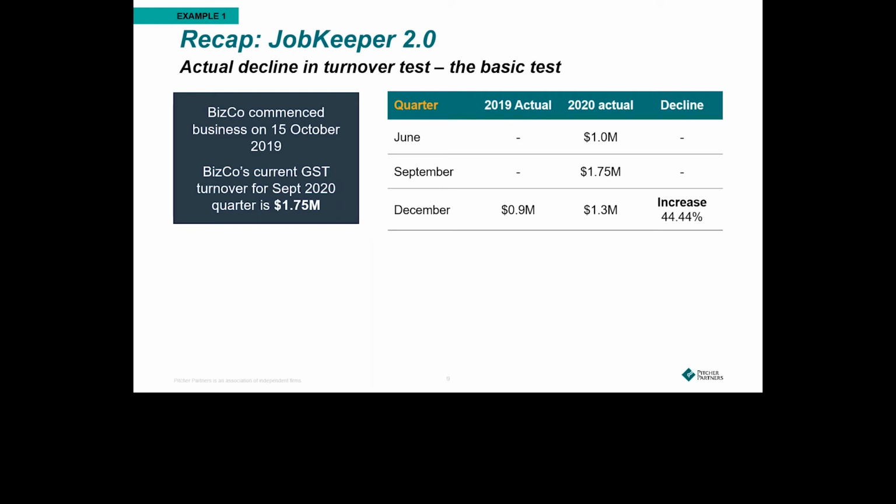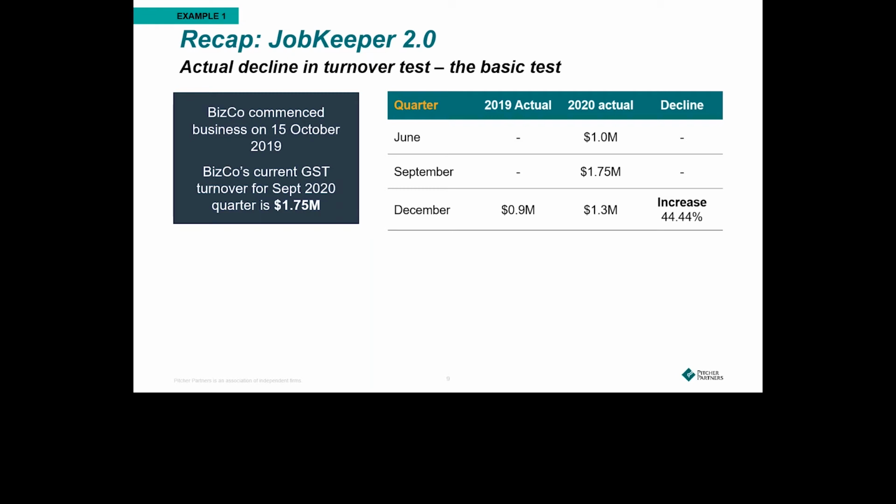When we move to the second extension period, obviously we've only had a couple of months of trading. We've only started trading on the 15th of October. But again, when we compare the December 2020 quarter to the December 2019 quarter, it's showing in our example an increase in our turnover. That's simply because we started business last year during that December 2019 quarter.